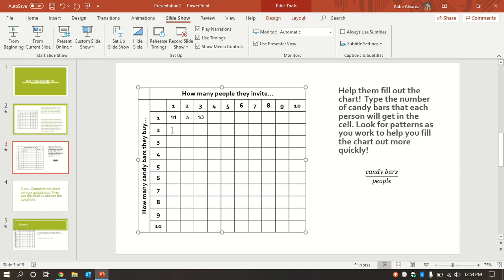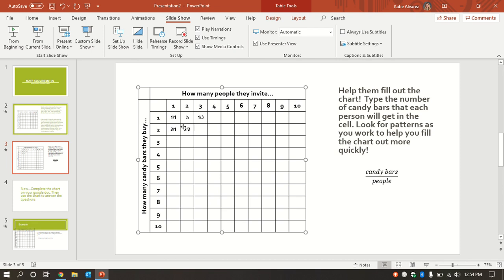If you drop down to the next row, now your number of candy bars has changed to 2. So we're going to start with 2. If you only invite 1 person and you buy 2 candy bars, that person's lucky because they get those 2 candy bars to themselves. If you have 2 candy bars and 2 people, each person gets 1 candy bar.